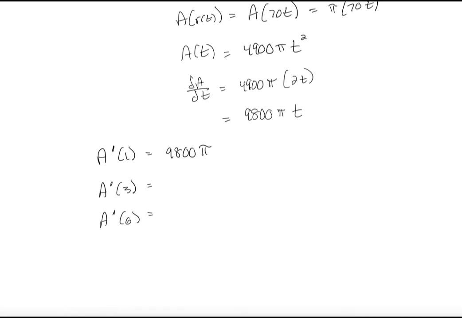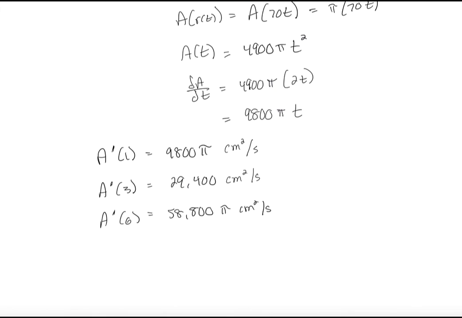And if we think about it, area is square centimeters over time. So the units of my derivative here are square centimeters per second. That's the rate of change of area per unit time. If I plug in 3 seconds and 6 seconds, I'm going to get 29,400 pi square centimeters per second at 3 seconds. And then at 6 seconds, I get 58,800 pi square centimeters per second.